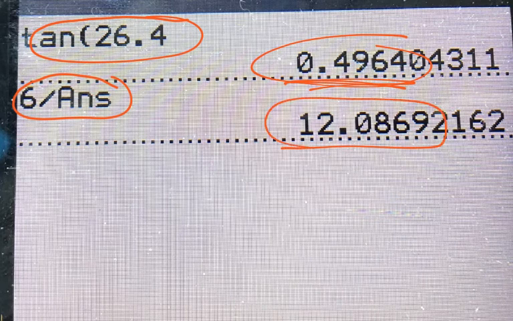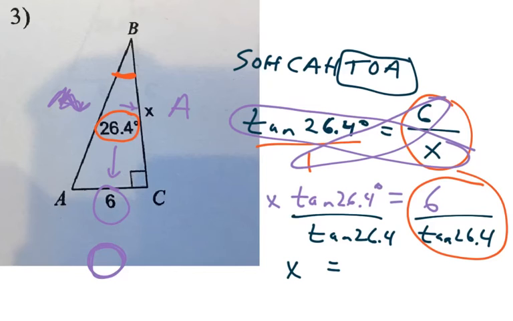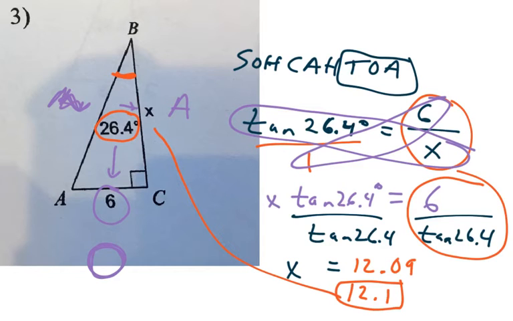And here is our missing side X, 12.086. So we would probably say 12.09. If we were to round off a little bit, we would say 12.1. And we just figured out that that missing side X is 12.1. Okay, pause the video if you need to.